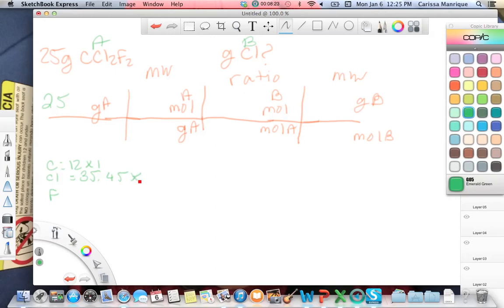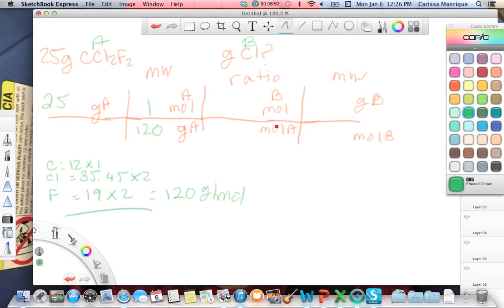And there are 2 of those. And then fluorine, there's 19. This is all from the periodic table. There's 2. How do I know there's 2? Because it says there's 2. So when we multiply and add these all together, we're going to get about 120 grams per mole. I'm rounding here. I think it was 120.9, but let's just say 120 to make it simple. So here, we're going to have 120 per 1 mole.